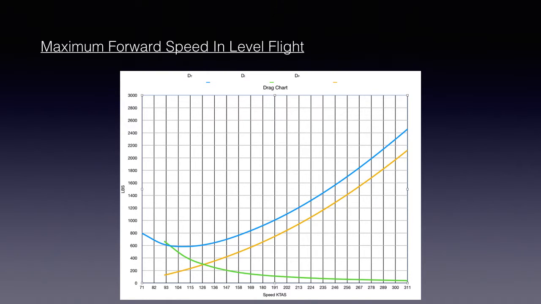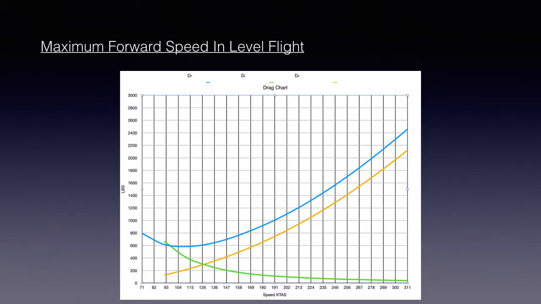The blue line is the total drag line, which is what we're interested in here. Basically we know that thrust directly opposes drag, so in reality we can also use this drag chart as a thrust required chart to offset the drag and find the maximum forward speed that we need.